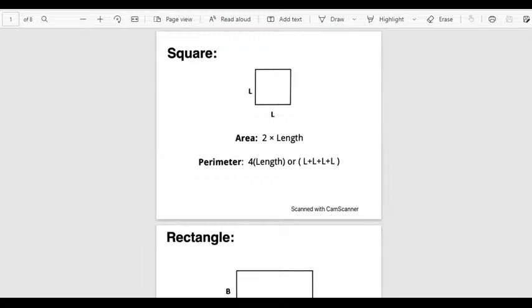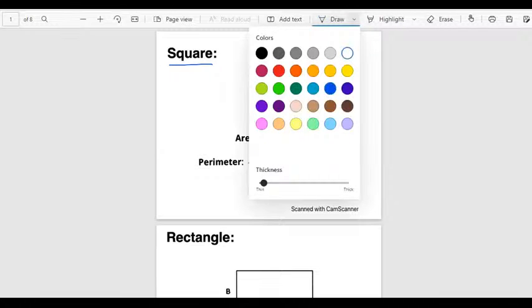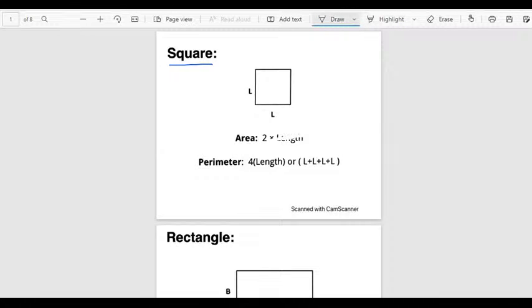So we have circles, we have squares, rectangles, triangles, parallelograms, and different polygons. In case of a square, in order to find the area, this is what we are going to do. It should be L square, okay?